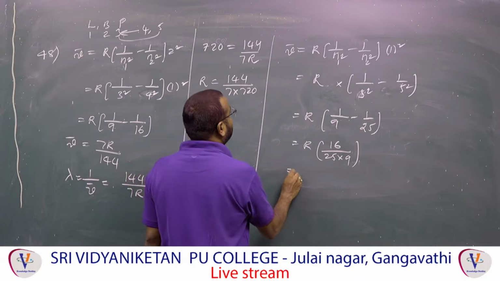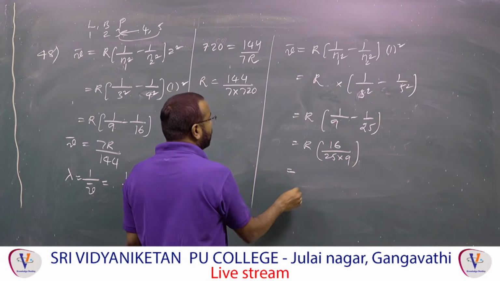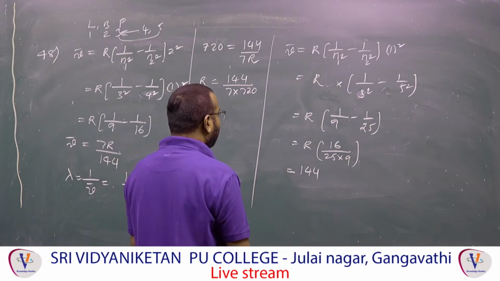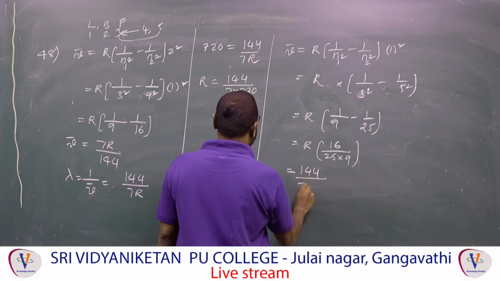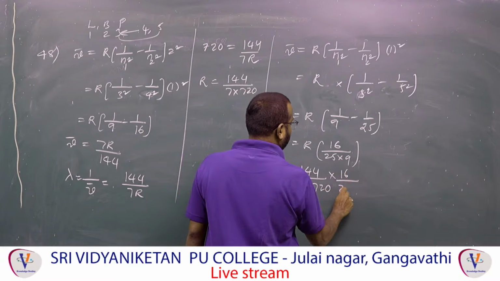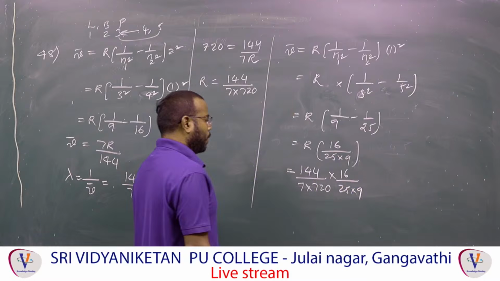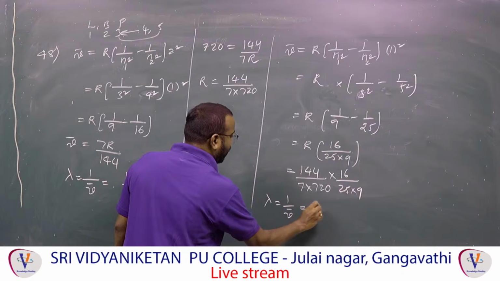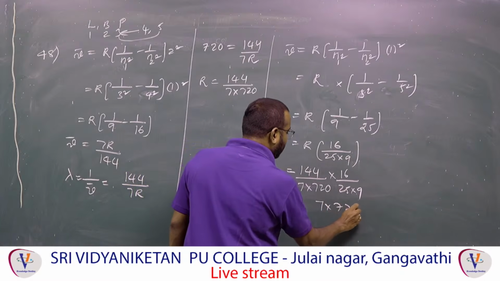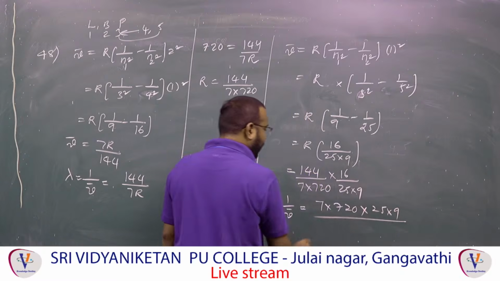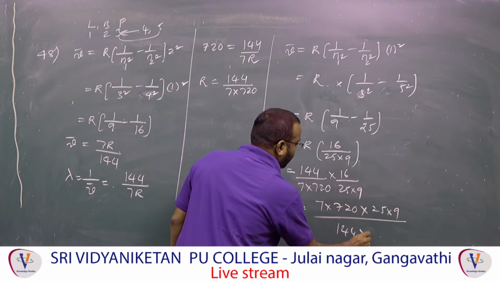We'll substitute the value of R here, which is 144 divided by 7 into 720 into 16 divided by 25 into 9. Then I want lambda, which is 1/nu bar, which means 7 into 720 into 25 into 9 divided by 144 into 16.